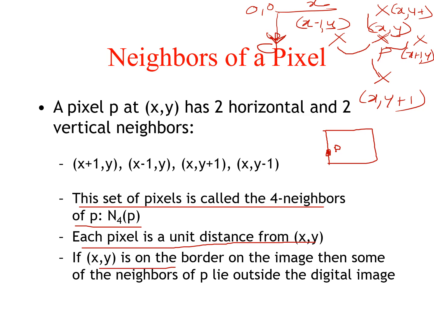Why am I saying minimum one neighbor? If you take this corner pixel, one and two neighbors will be outside, and two will be on the image. But if I take the pixel here, then you will have one neighbor inside, and the second, third, and fourth will be outside. So minimum one pixel will not be in the image.